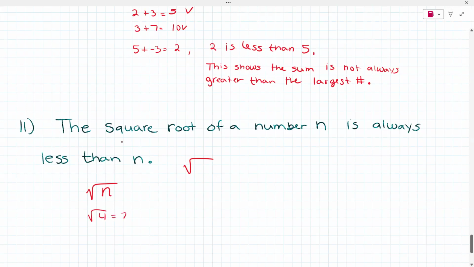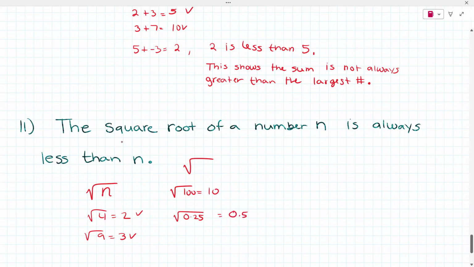Square root of 4 is 2. Yeah, that's true. Square root of 9 is 3. Yes. Square root of 100. Yes. What about decimals? So like maybe square root of 0.25. That is 0.5, right?